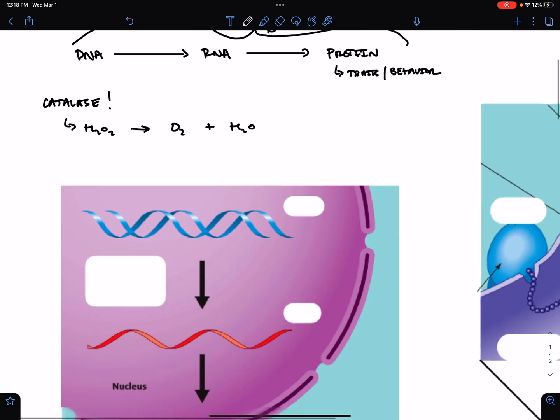This is an unbalanced chemical equation. So it's the enzyme that catalyzes this reaction. You're going to use this screencast to explain how catalase is produced in the cell and then how it ends up outside the cell because it is a protein that is secreted.